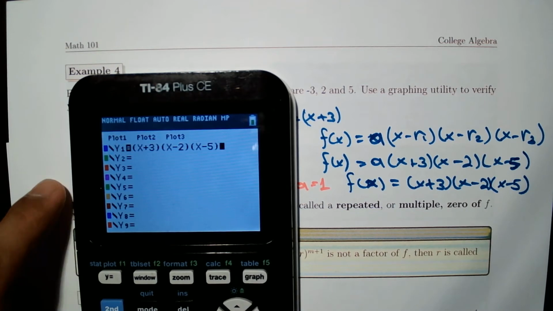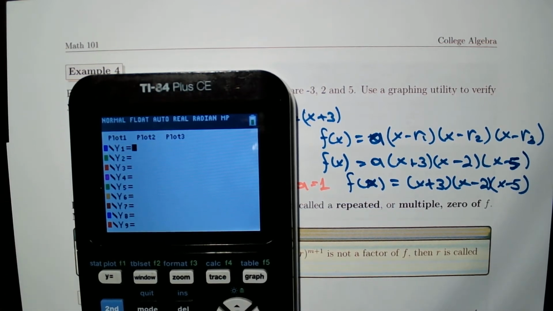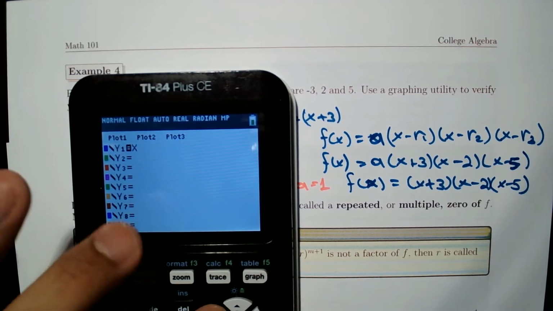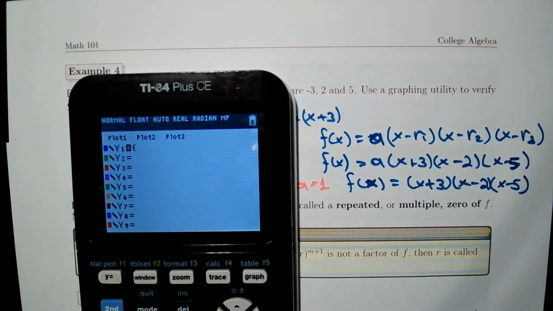There we go. I clicked clear instead of graph. So let me start again. So x plus 3, x minus 2, x minus 5.